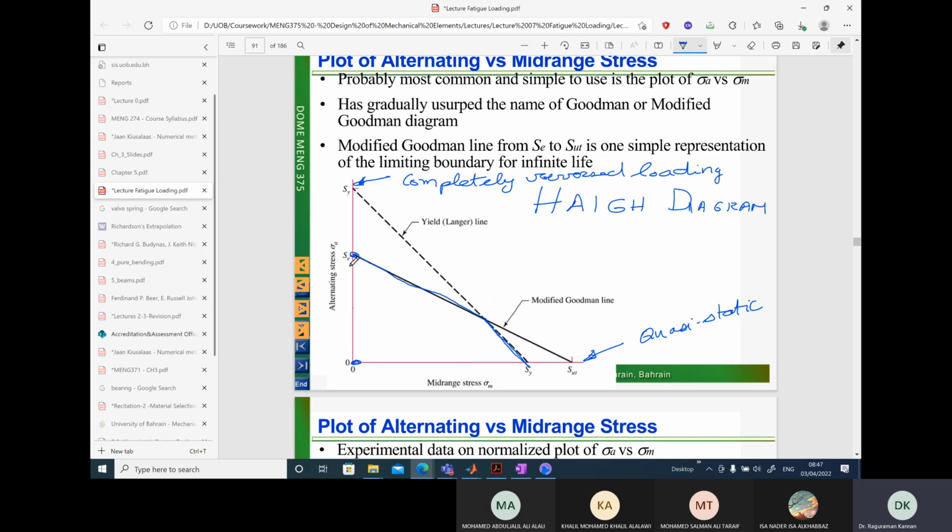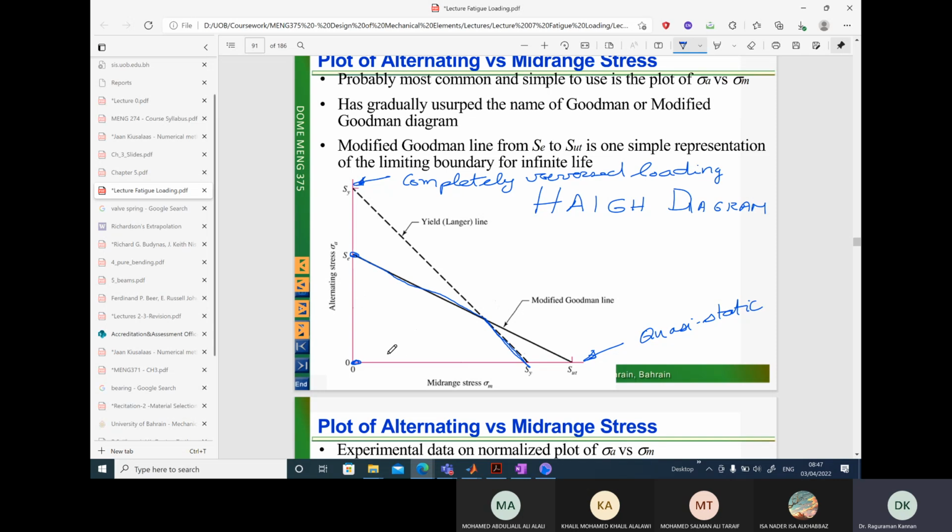If I am below the endurance limit for steel, I will have infinite life. If I am above it, I will have finite life. And if I continue increasing my amplitude of stress and reach the yield point, then yielding will take place. So on the y-axis, I can see here fatigue failure will occur first, and then yielding will occur.